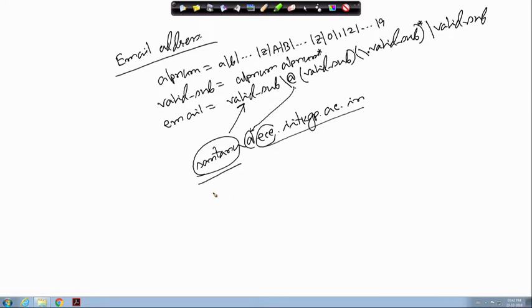That is also valid, because by default it will attach some other parts to it. So, that will also become a valid part. So, this way we can write the regular expression for email address. Next we will be looking into another example.